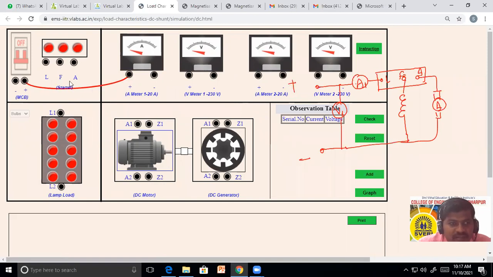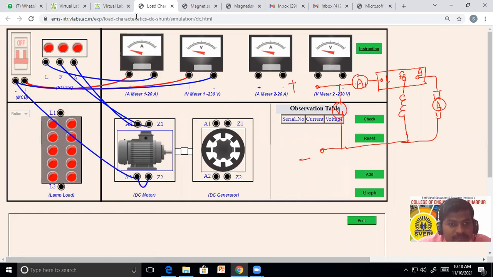Positive terminal can be connected here. Positive terminal is connected to the voltmeter. Voltmeter's next terminal is negative. Next terminal of the ammeter is L. F terminal is connected to Z1. A terminal is connected to A1. A1 A2 short. This terminal is connected to negative.